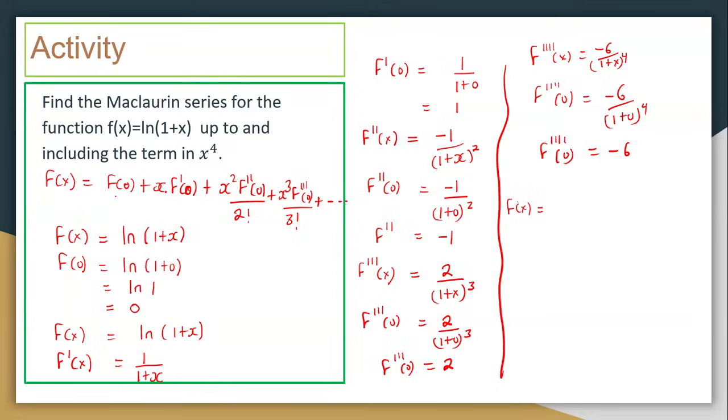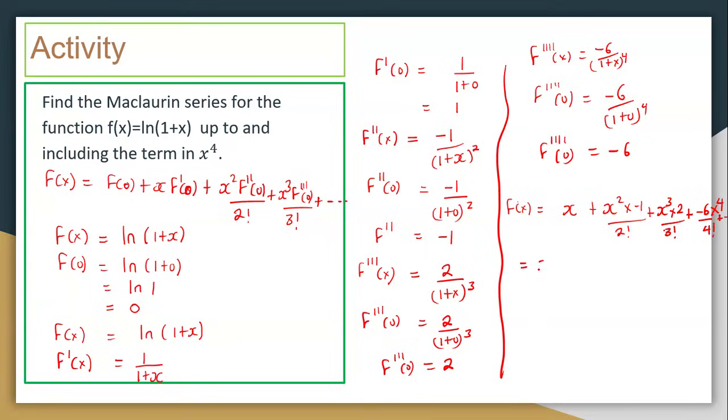The next one was x f prime, our x was 1, so allow me to write x plus, the next one was x squared of f prime prime, which was x squared times negative 1 out of 2 factorial, then plus the next one is x power 3 times the 2 out of the 3 factorial, plus the next one we got negative 6, sorry, x power 4 out of the 4 factorial, then plus other terms.